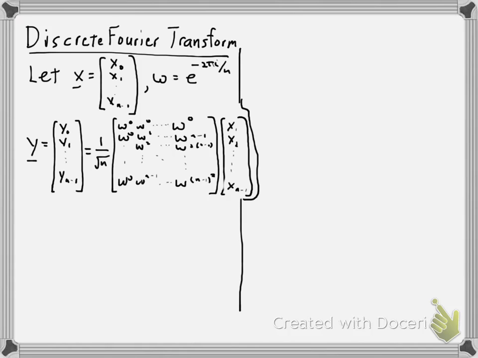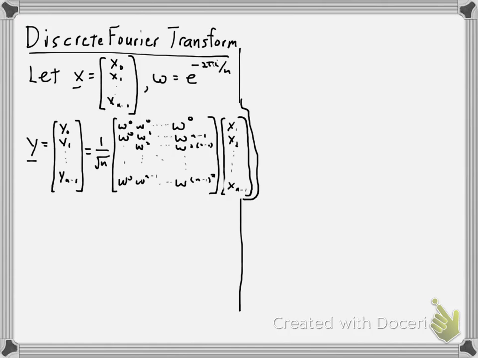And hopefully you can see the pattern, and if the matrix isn't clear to you, you can see what the matrix looks like in the book. Basically, each row just raises the power of omega in a certain fashion.